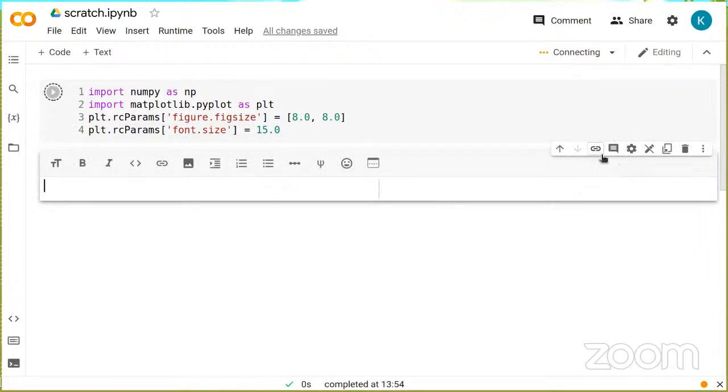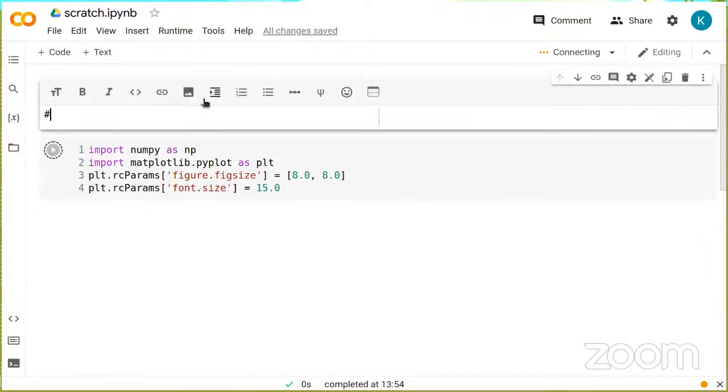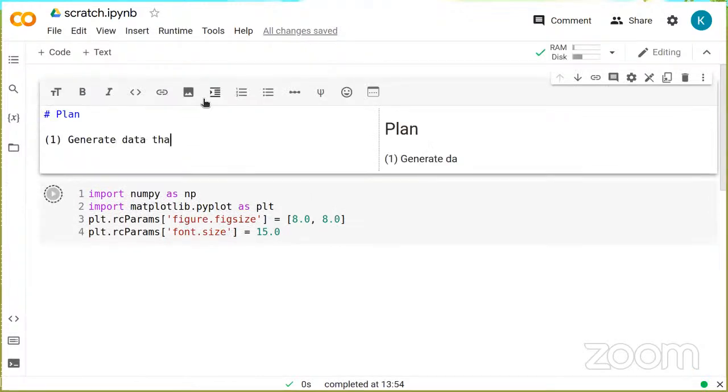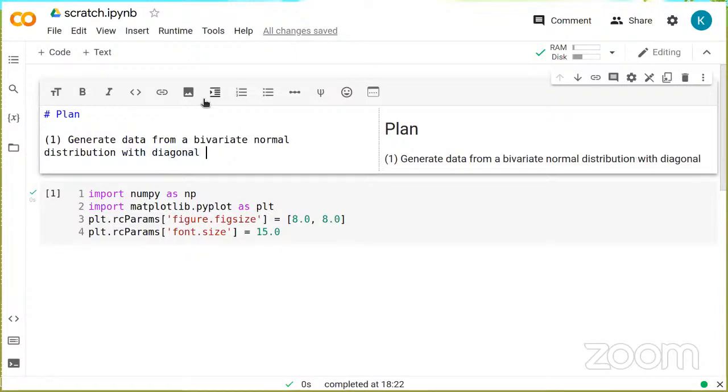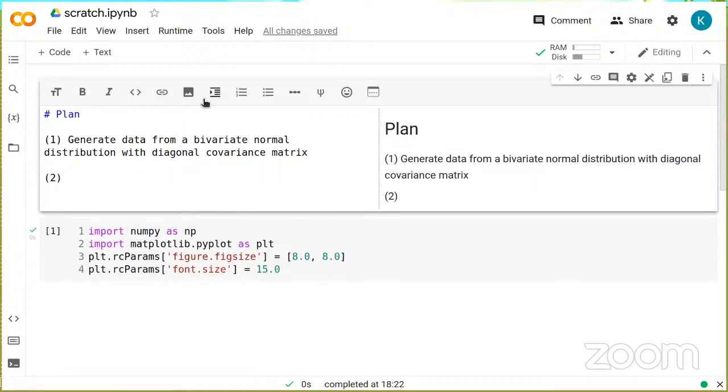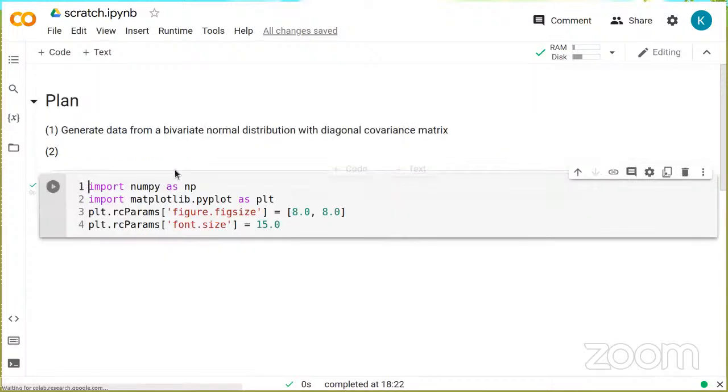Okay, so now I'll lay out the plan here. The plan is to generate data from a bivariate normal distribution with diagonal covariance. When we do this, we know that the features are conditionally independent given the label. Therefore, naive Bayes is a good option here. So the first step will be to generate data like this.